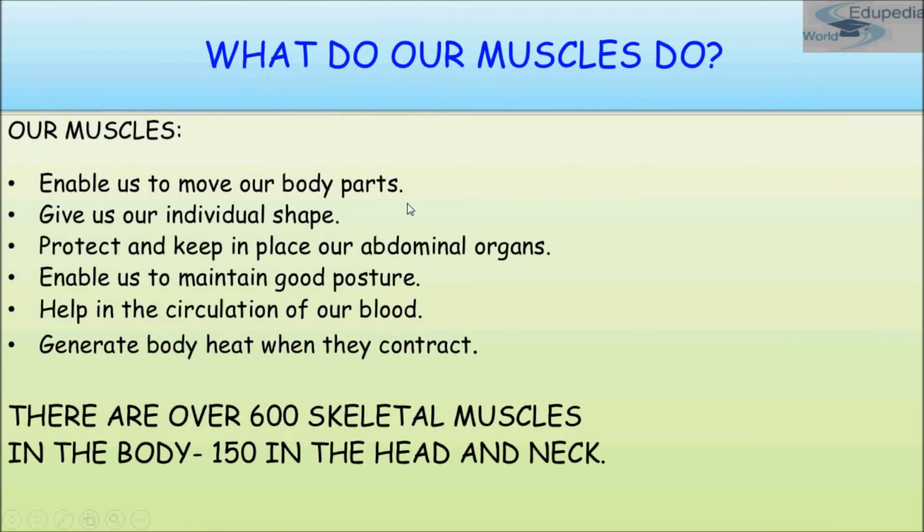Our muscles enable us to move our body parts, and if they are skeletal muscles, they are in your voluntary control, and you can move from one place to another with the help of the skeletal muscles. So it enables us to move our body parts and entire body from one place to another.